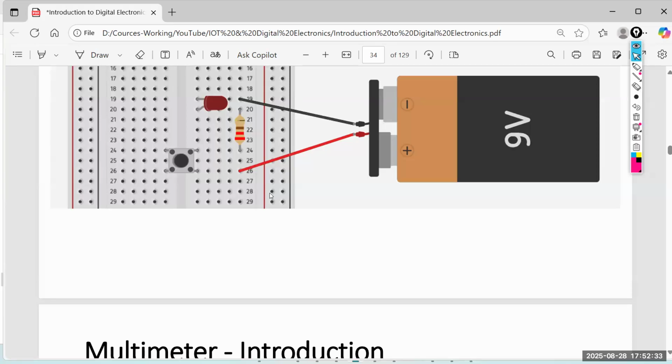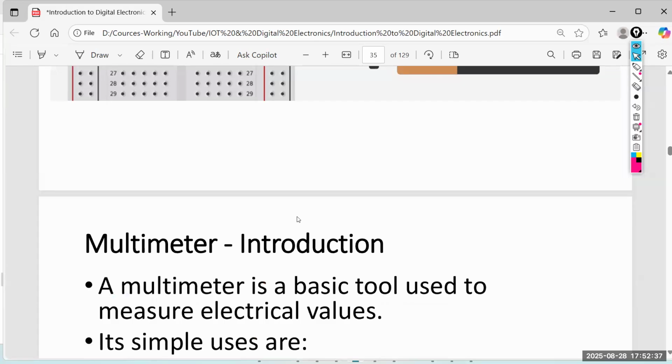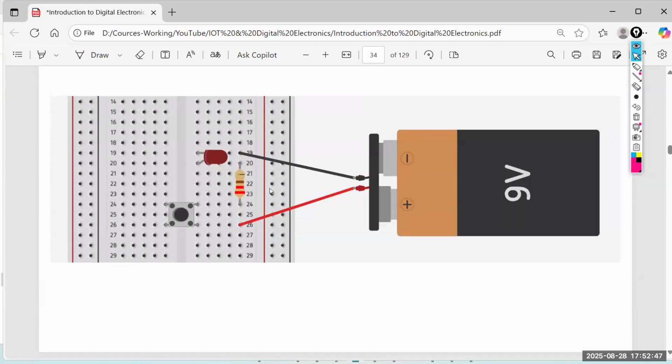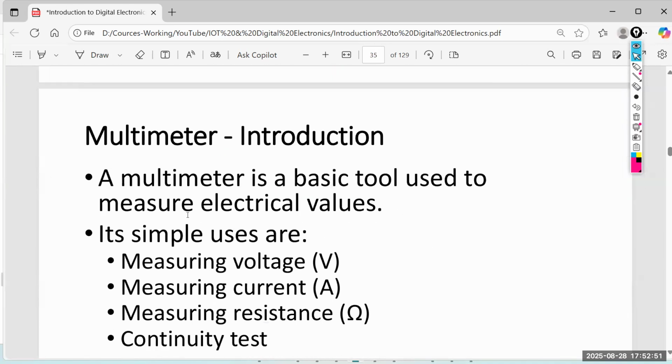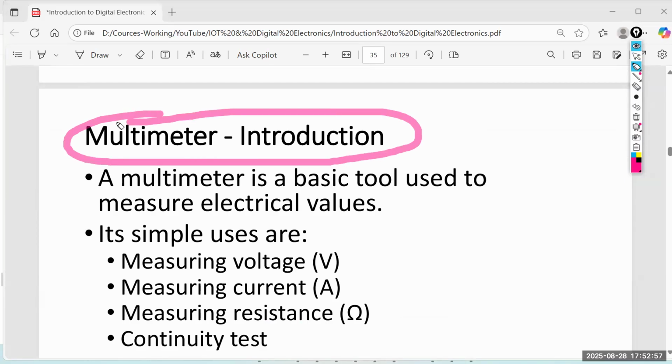So in that kind of situation, you need practical troubleshooting and calculations, and to actually measure and see whether you are getting the expected voltage, expected current, and whether that device has the expected resistance and so on. So that is where the multimeter is very handy.